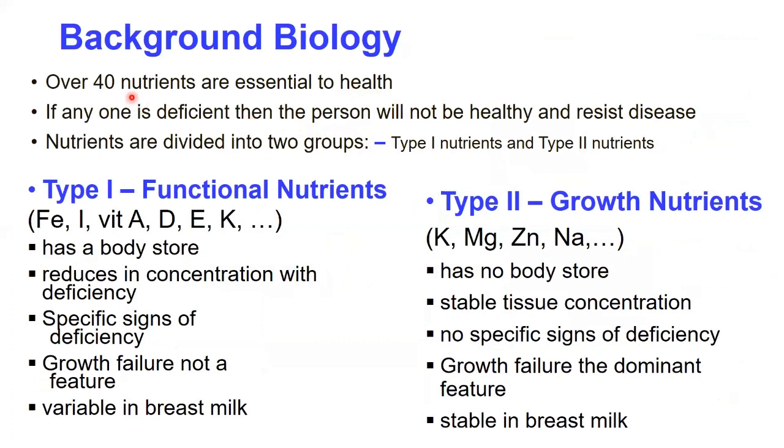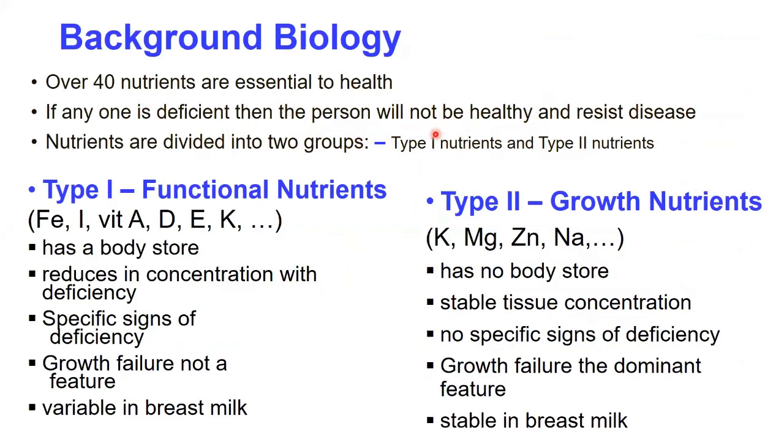So we have over 40 nutrients that are essential to health. And if any one of these is deficient, then the person will not be healthy and will not be able to resist disease. And this explains what we've just finished in the previous slides in terms of increased risk of infection and other complications. And all these nutrients are divided into two groups.